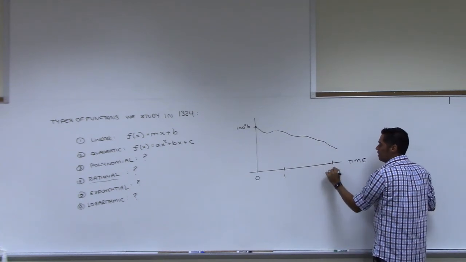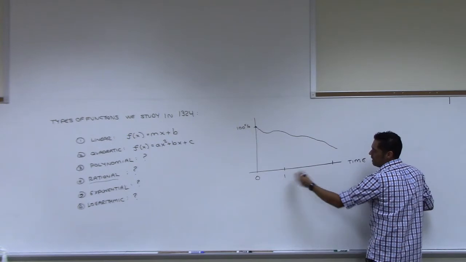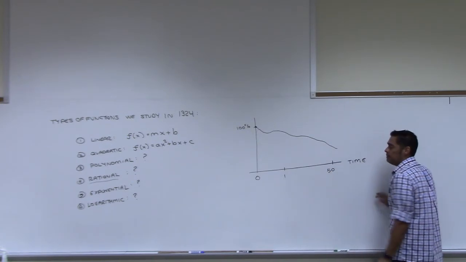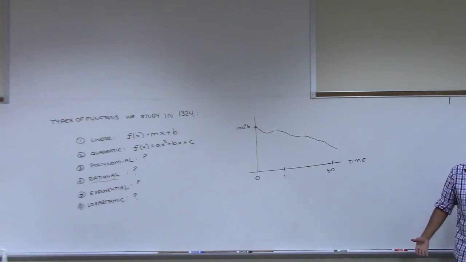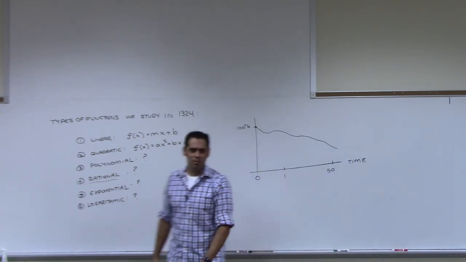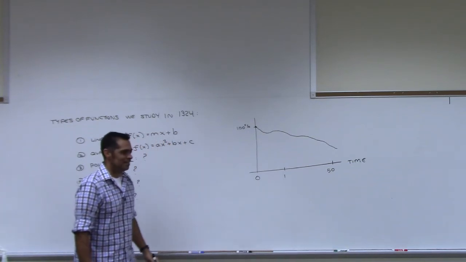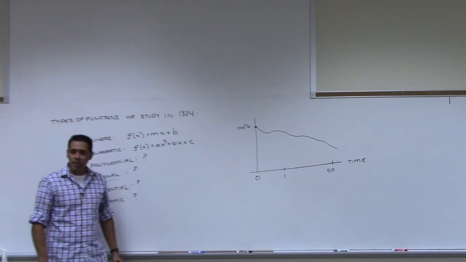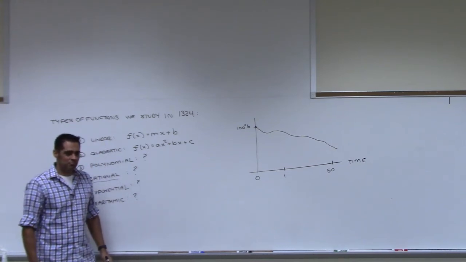So what's the probability that a person will live to 50? Pretty good, right? I mean, Americans live a little longer than a lot of people. I don't know why. We eat terribly and do everything else bad, but 50, pretty good. You feel pretty good you're going to see 50?